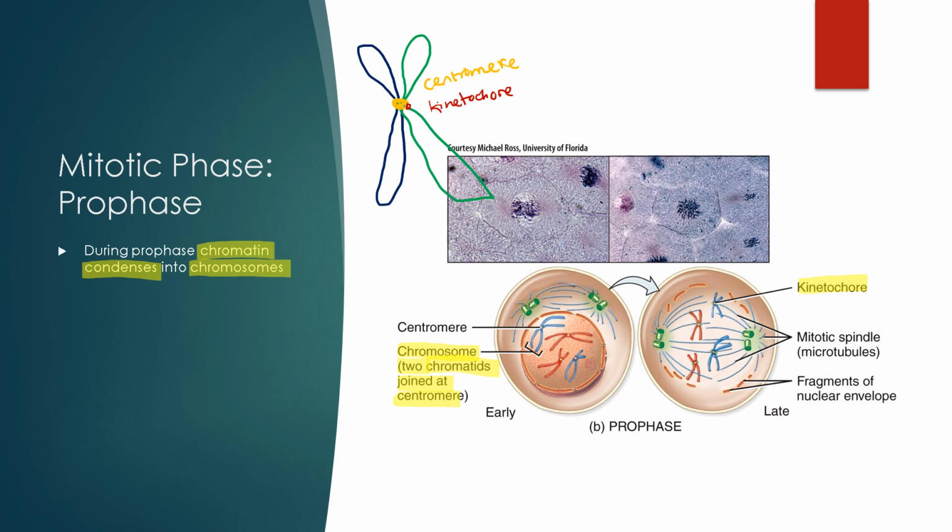Now, a little bit later in prophase, here we have early prophase and late prophase. This is when tubulins in the centrosomes are going to form the mitotic spindle. So here we have those centrosomes in green. We talked about them a little bit before. We have these mitotic spindles growing off of those centrosomes.